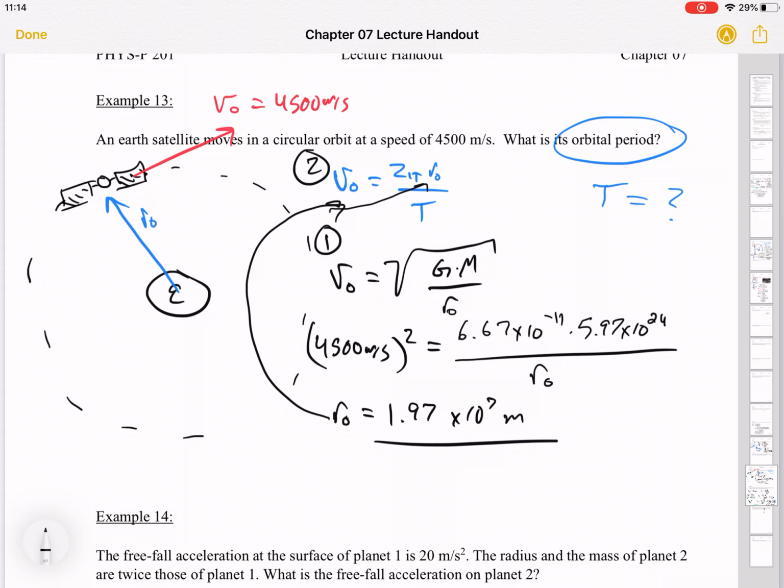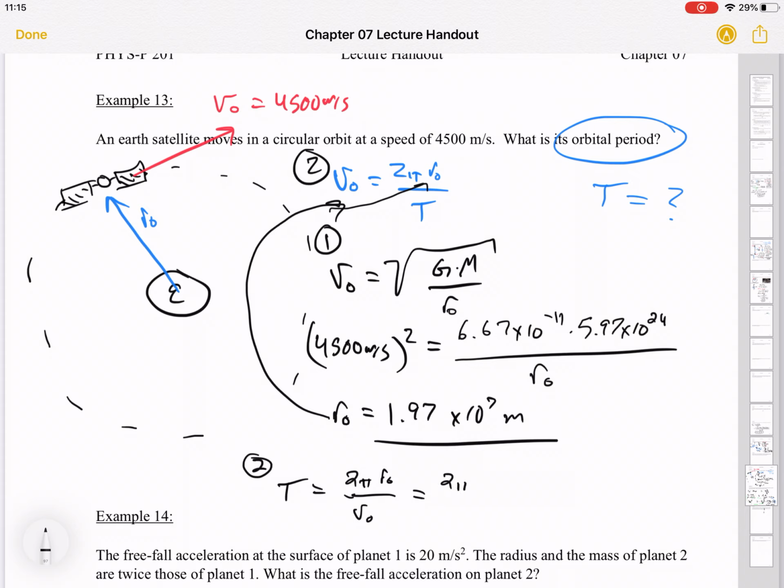We're solving for period. Okay, so let's do period equals 2 pi R naught over V naught. Again, it's not really a naught, it's an orbit, V orbit and R orbit.